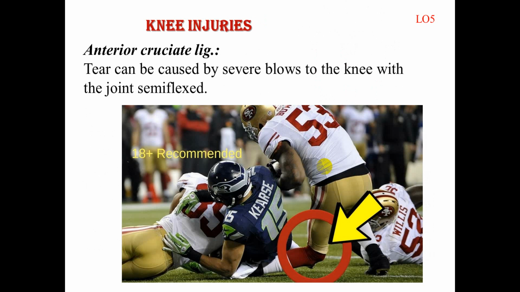The anterior cruciate ligament is also commonly injured, especially in sport activities, and it usually occurs as a result of a severe blow to the knee with the joint semiflexed during football or other sport activities.